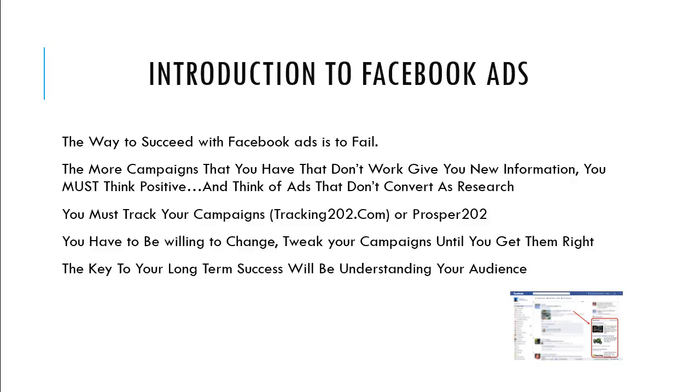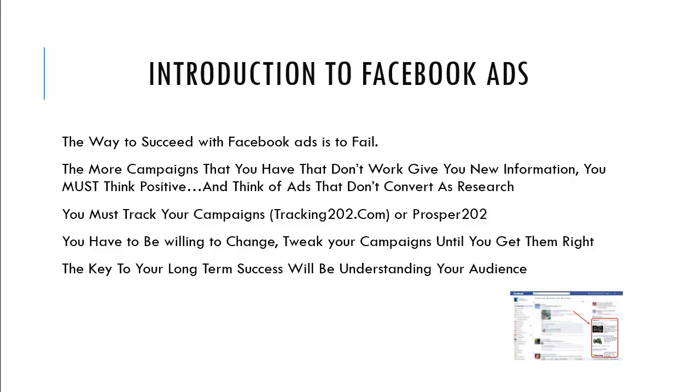Now, the key to your long-term success, as we've said, in Facebook, is going to be understanding your audience. This is not going to work like AdWords and AdSense. It's slightly different. With AdSense, you had to understand the keyword and you had to understand who was going to click. With Facebook ads, and we're going to show you this when you go inside of the targeting area, you are going to need to understand your audience.